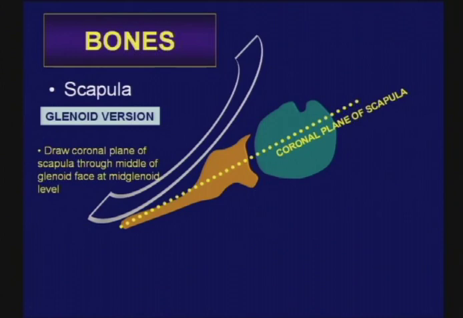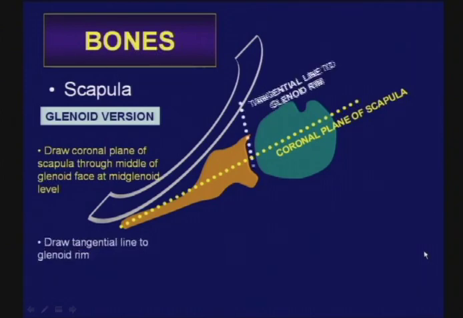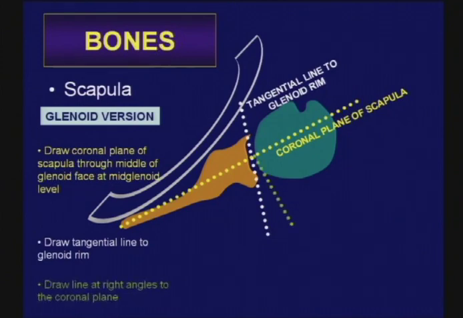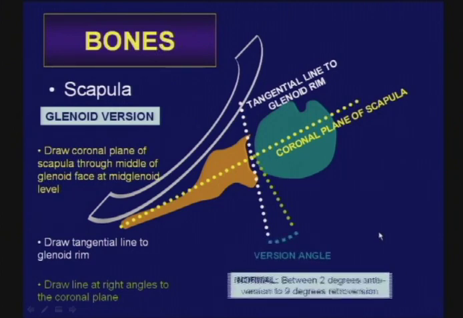So you may not even find that landmark, but if you can, you then draw the line through the mid portion of the glenoid face, and you continue it out as shown here. This is the coronal plane of the scapula. You draw a line that is tangent to this, as shown here, and then a tangent to the glenoid rim, and then you draw a line that is at right angles to the first line that you drew. You end up with an angle here, which is the glenoid version angle.